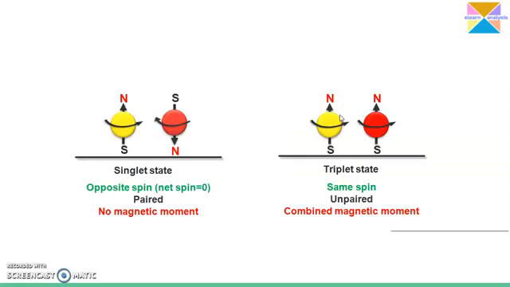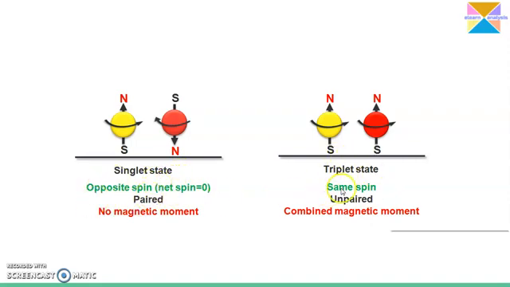So now, understanding the spin of the singlet and the triplet state, which we have just discussed, I am trying to represent it. Since they are paired in the singlet state, the net spin is always 0, because there is an opposite spin.